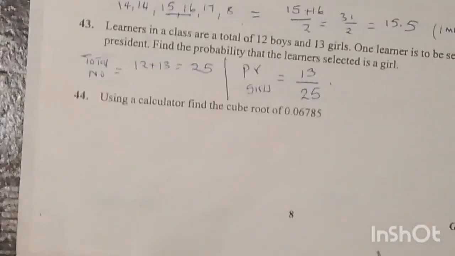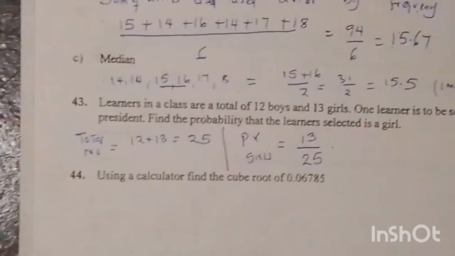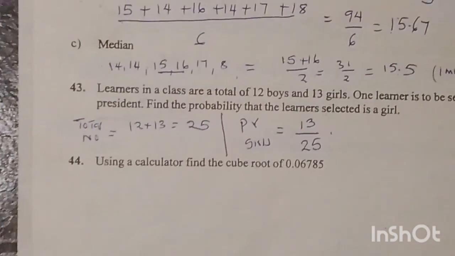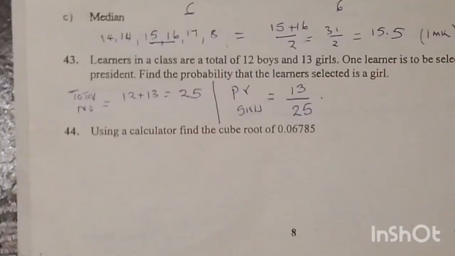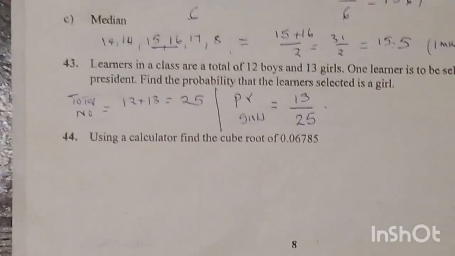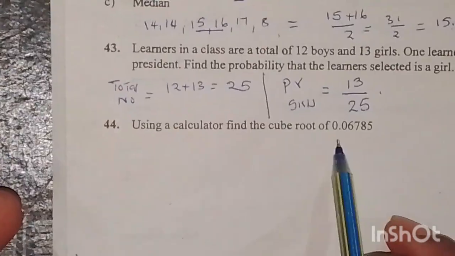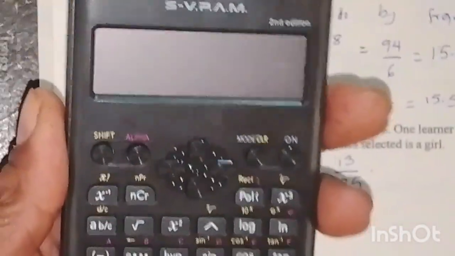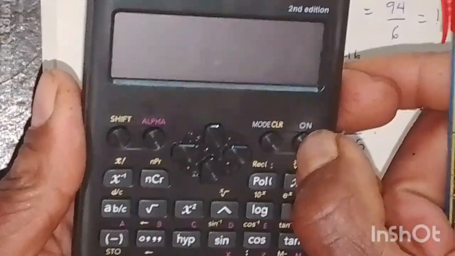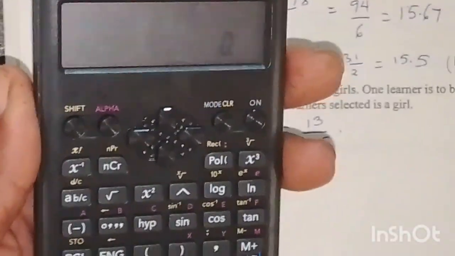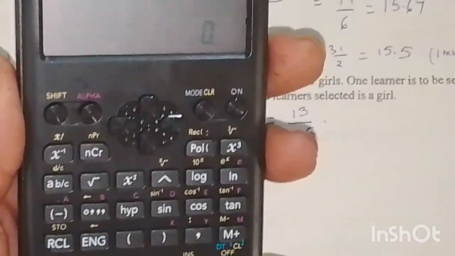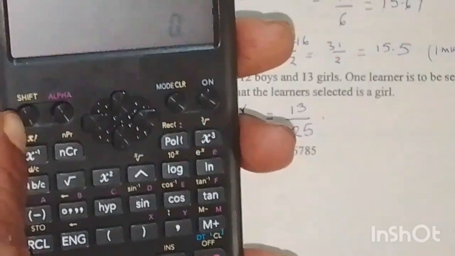Question number 44. Using a calculator, find the cube root of 0.06785. Now you have your own calculator. You put it on, to give you 0. Then you go to shift.